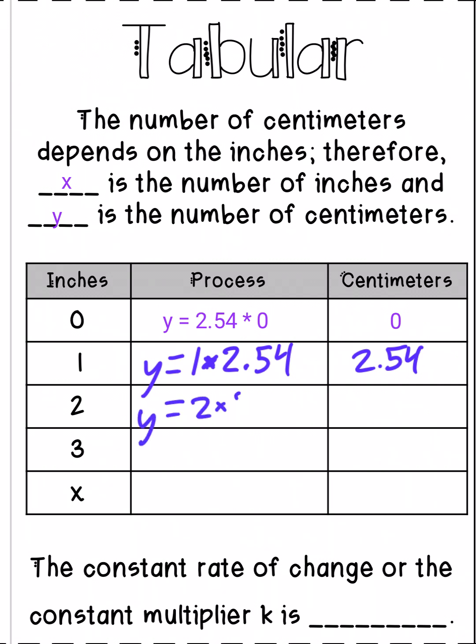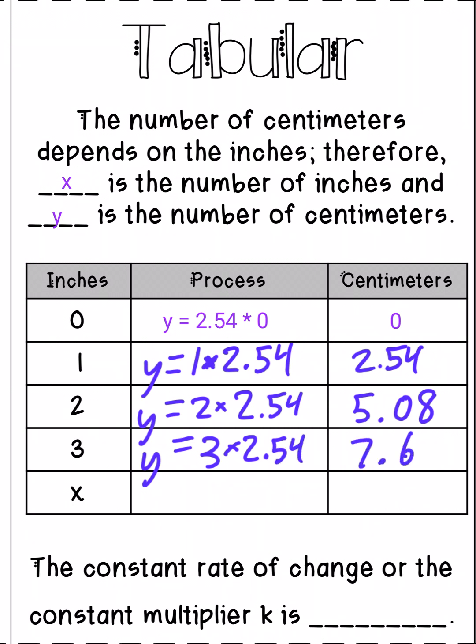So if you have 2 inches, you're going to have 2 times 2.54, which is 5.08. If you have 3 inches, then you're going to have 3 times 2.54, which is 7.62. Notice how every time we multiply by the same number, the constant multiplier, or k, is 2.54.